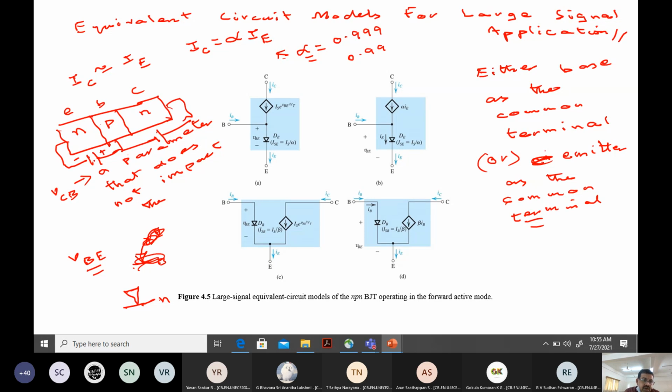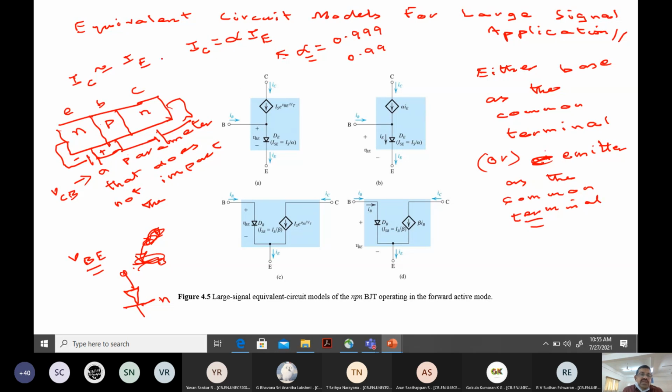The base is connected to the positive, so this will go towards the base and this will go towards the emitter. You have to be very careful how you draw this diagram. So look at this diagram, for example.